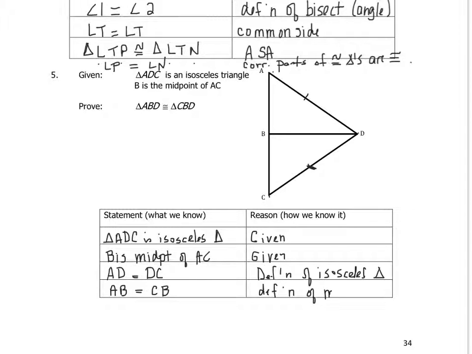Midpoint means it's in the middle of the segment, which means it's going to cut it into two equal parts as well. So AB and BC would be the same length. So now I'm going to put a little mark there so I know that those two are equal. And then I also have that BD has to equal BD because of a common side.